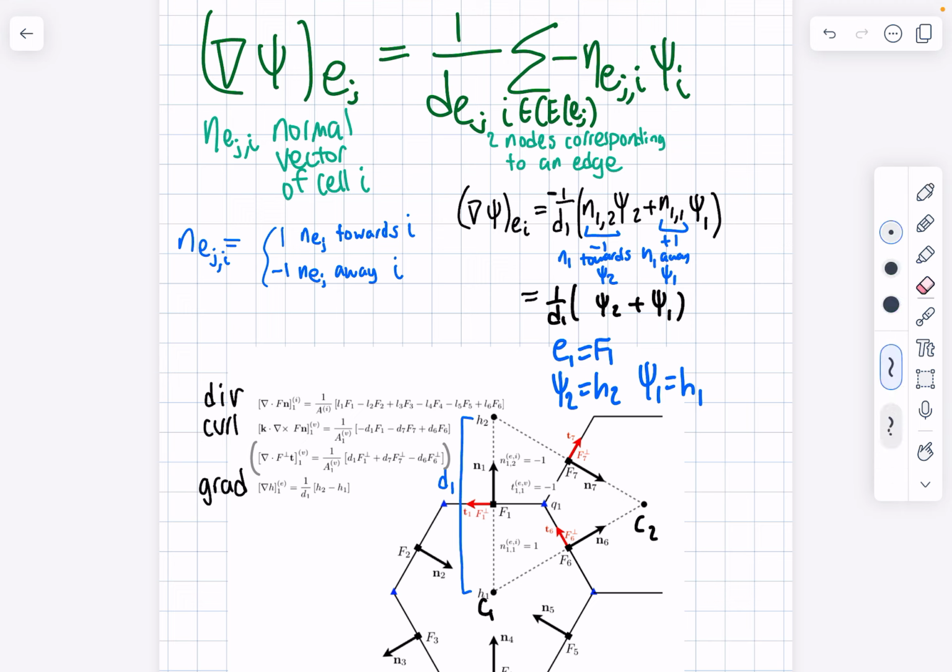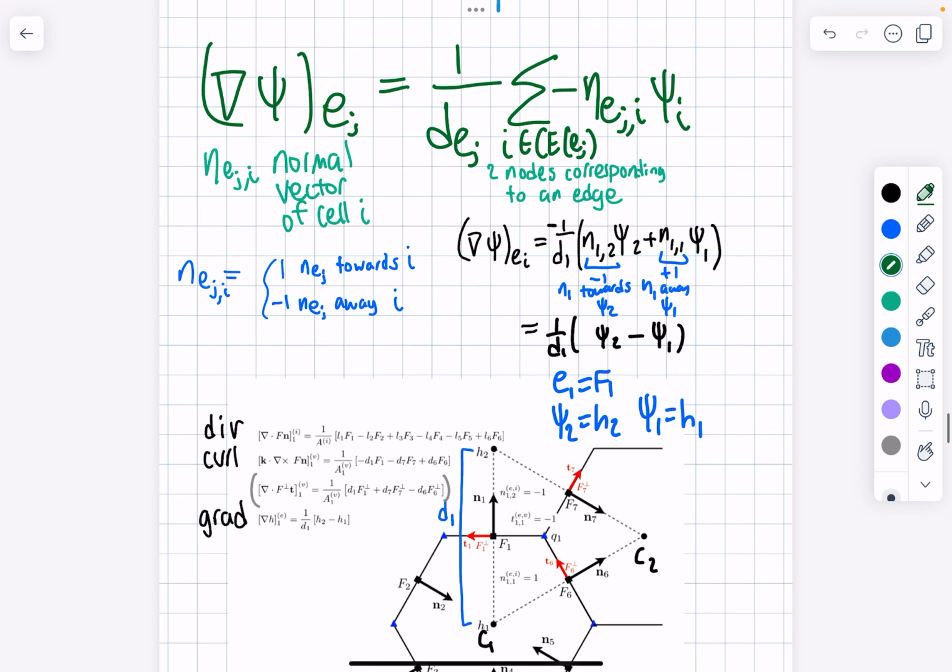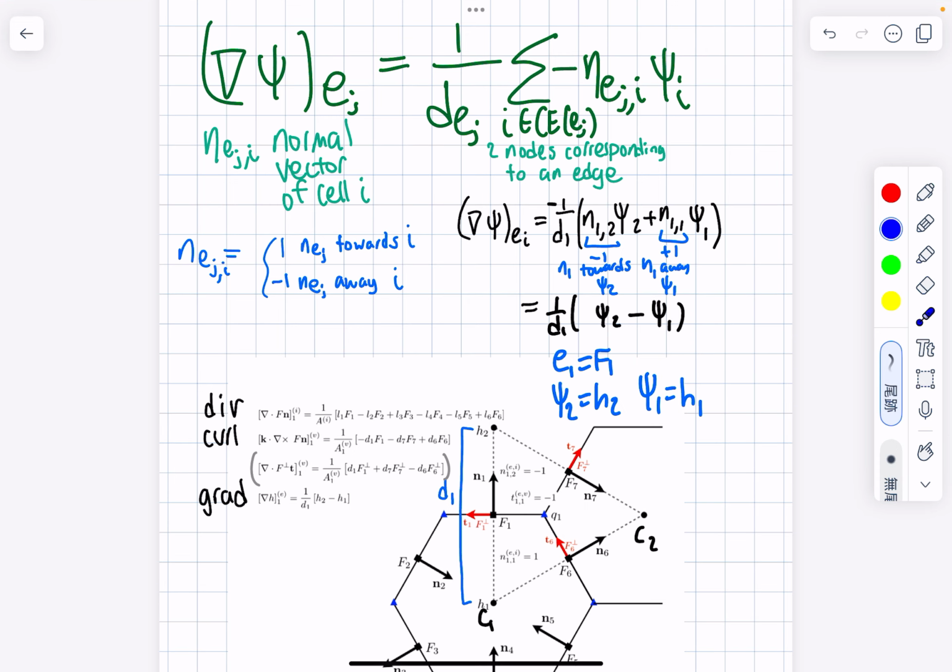So it's phi2 minus phi1 over dEj, because we run this loop through the cell centers, but we do it for each individual edge. So for this edge, we use dEj.